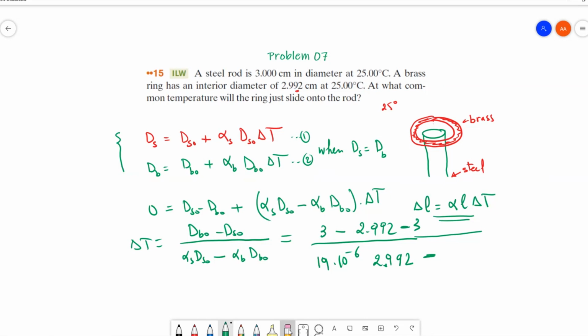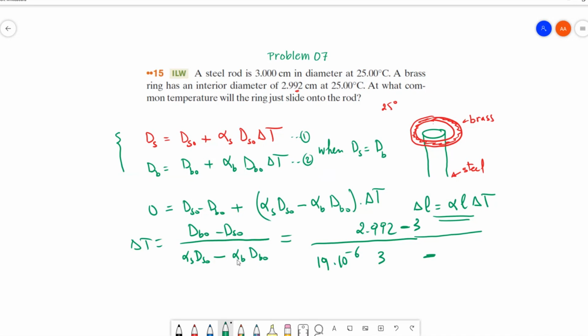So this one is 19, this one is 3, and this one should be 3 here. Okay, for steel it is 3 centimeter. Yeah, for alpha usually it should be given.